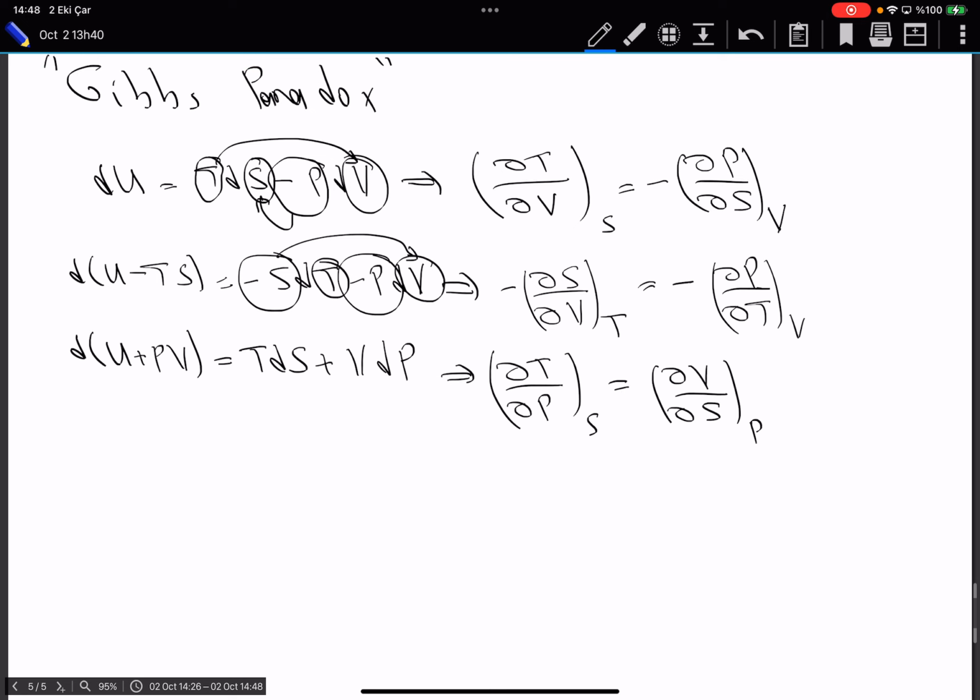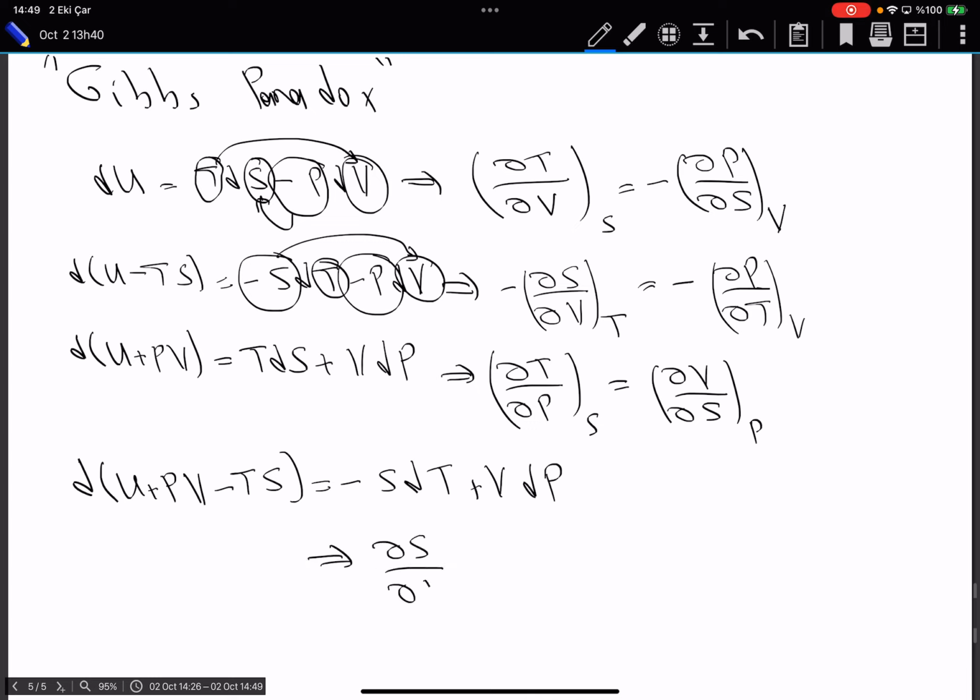And finally, the differential of U plus PV minus TS is minus SdT plus VdP, which tells me that the derivative of entropy with respect to pressure at constant temperature, with the minus sign, is equal to the derivative of volume with respect to temperature at constant pressure.